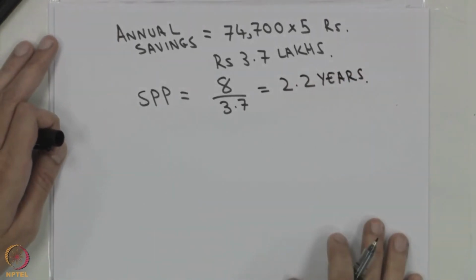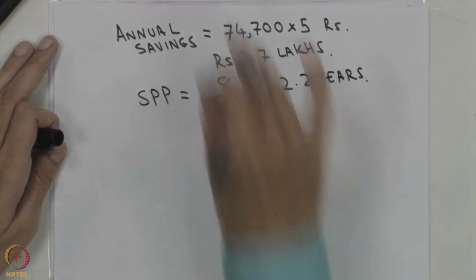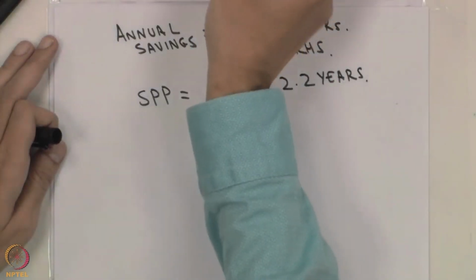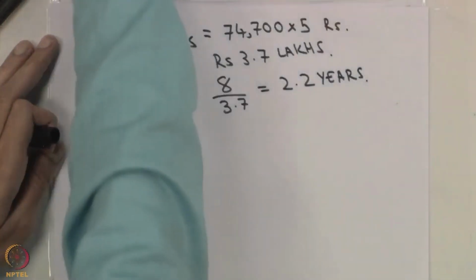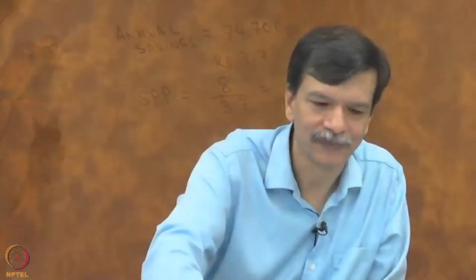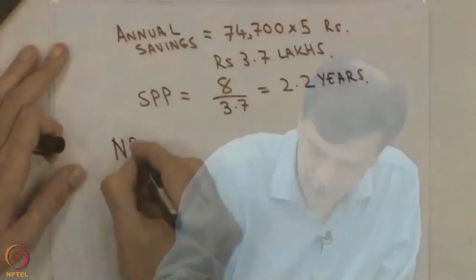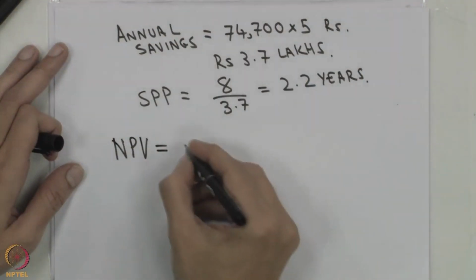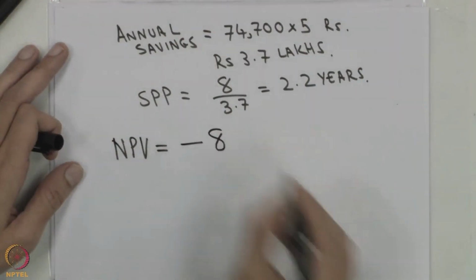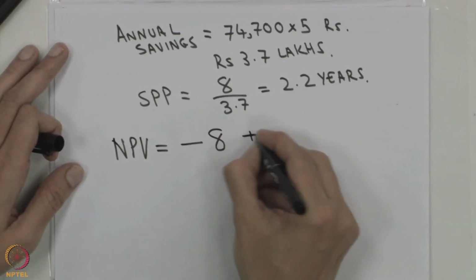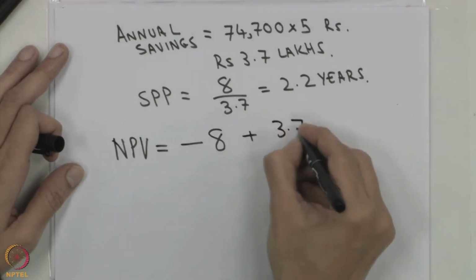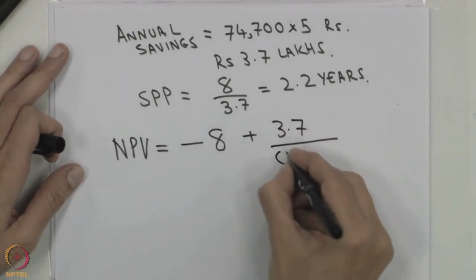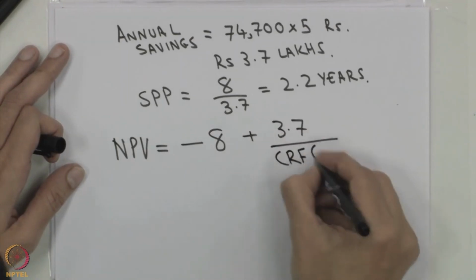Now let's calculate the net present value. So when we talk about the net present value, NPV is, let's do this in lakhs. So this is minus 8 lakhs plus 3.7 divided by capital recovery factor.